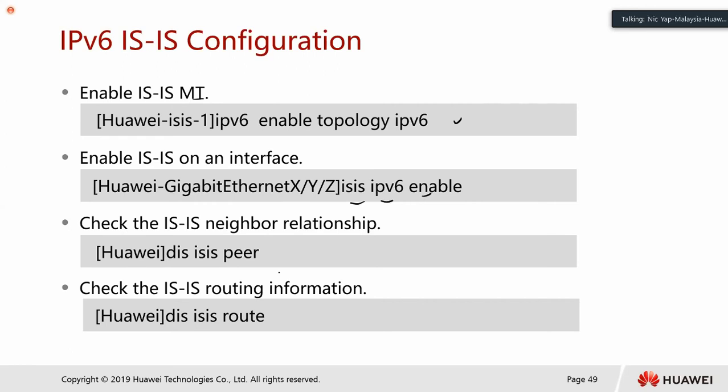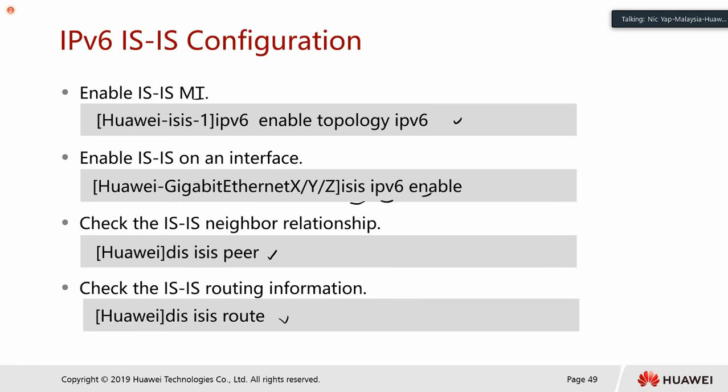To check the peering, you still use display isis peer and display isis route. So there are no differences compared to OSPFv3. OSPFv3 always needs the keyword in display ipv6 ospf and so on; you need to put the IPv6 keyword. But for this configuration on ISIS, it's similar to v4.